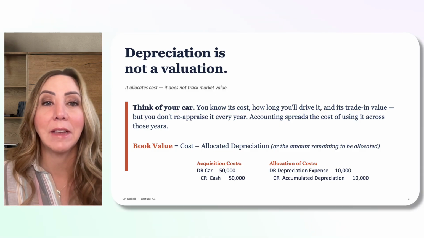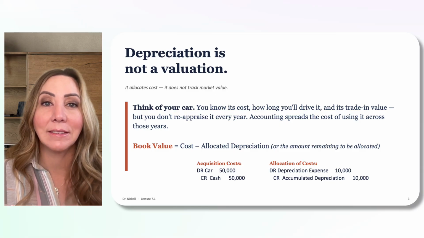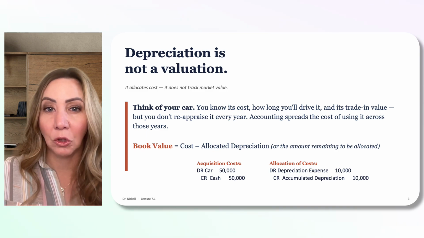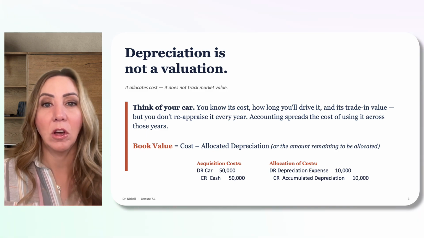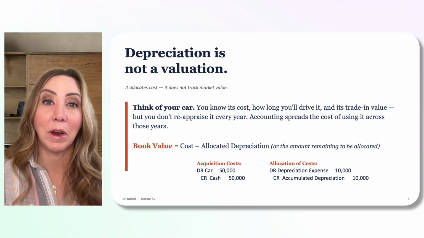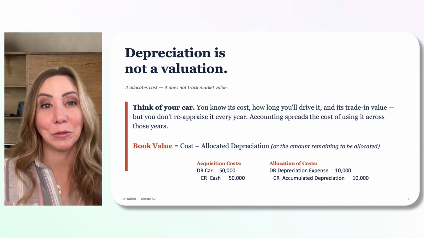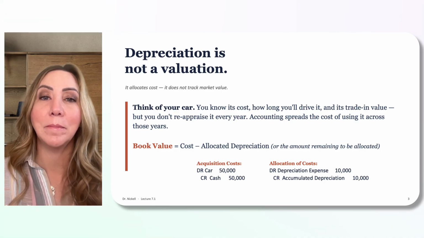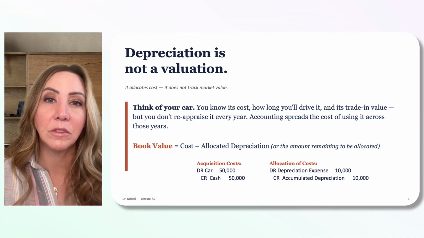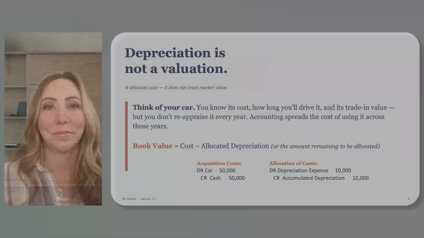So here's the consequence and why it matters. At any given moment, the book value of an asset, its cost minus its accumulated depreciation, is almost never equal to its fair value. That's not a flaw in the system. Depreciation was never trying to measure fair value in the first place. It's allocating cost. Hold on to that idea because it's exactly why we may need to recognize gains or losses when we sell assets down the road.